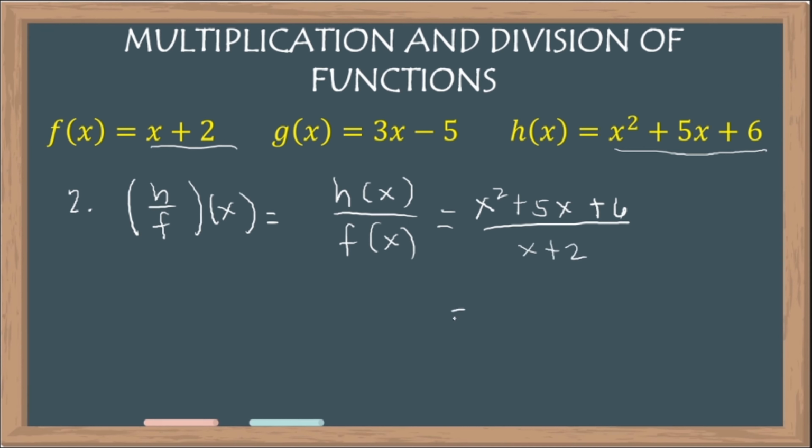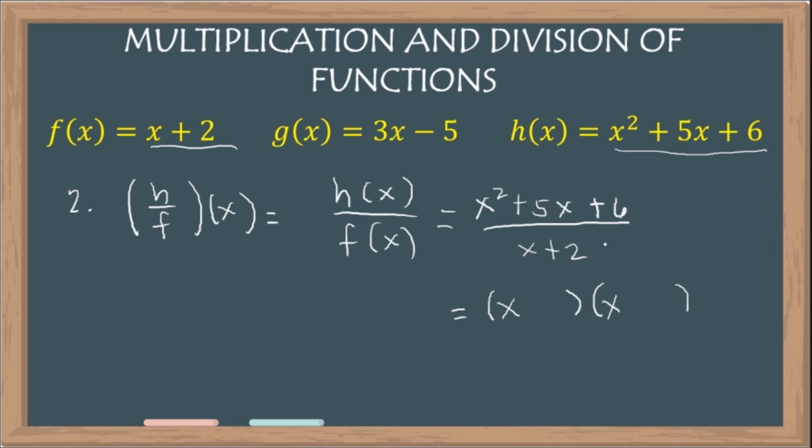Okay, sa division of functions, kailangan alam mo yung rule ng factoring method. Okay? Kasi we need to factor this, x squared plus 5x plus 6. So, kung hindi mo alam paano mag-factor, pwede mong panuorin yung aking video in how to factor trinomial. Okay, so we write x. Kasi x times x, x squared.